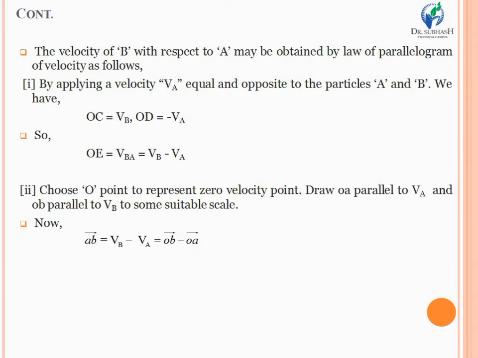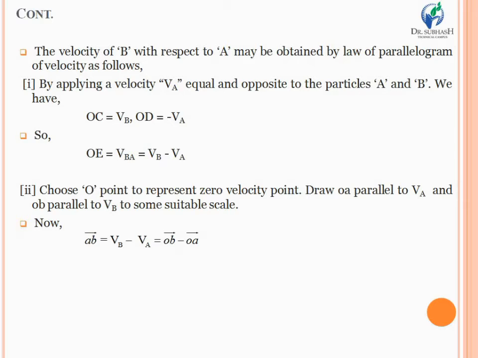Now take the point O to represent the zero velocity point. Draw a vector OA parallel to VA and OB parallel to VB by taking a suitable scale. So the vector AB, the third side, is equal to VB minus VA, and ultimately it will be equal to vector OB minus OA.